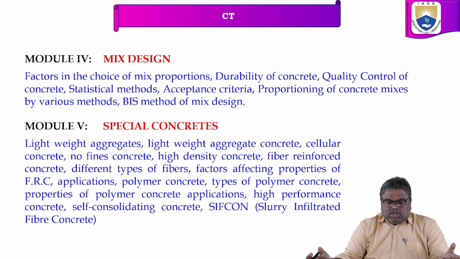They have used M50 or M60 concrete to make the viaduct, to build the entire metro rail project, right? So that is high strength concrete. For very, very important structures, we will use high strength concrete. So it comes to high performance concrete.